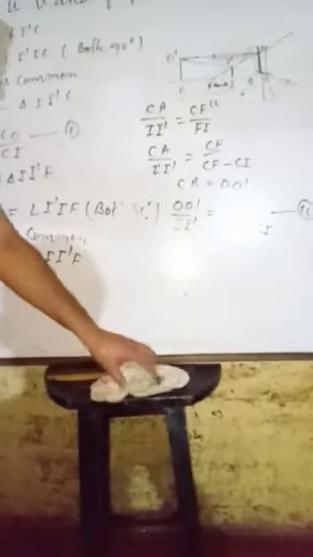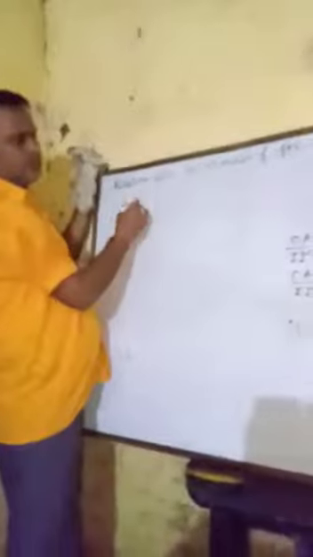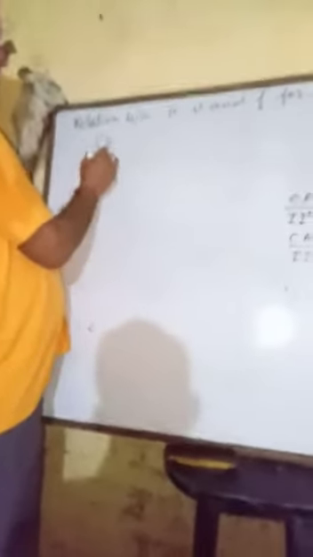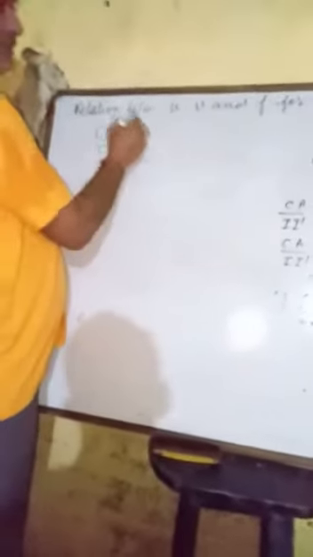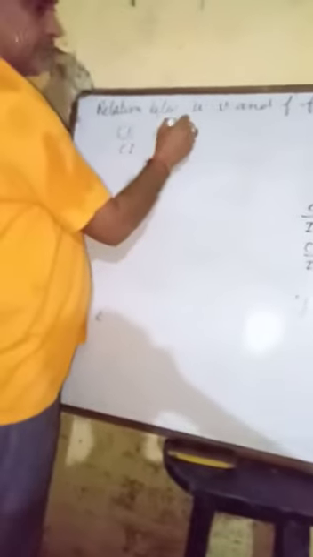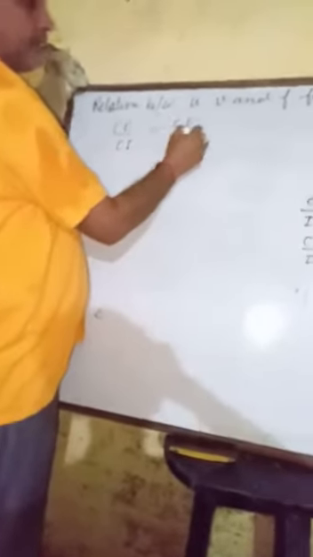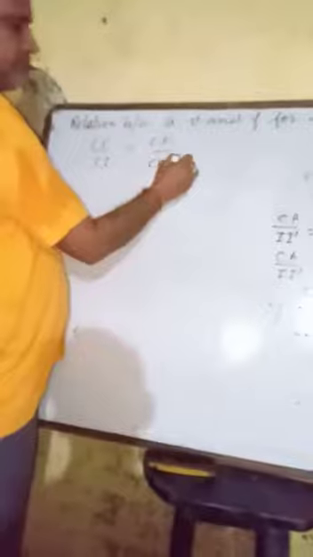So we can write, from equation number 1 and 2, CO upon CI is equal to CF upon CF minus CI. This is equation number 3.